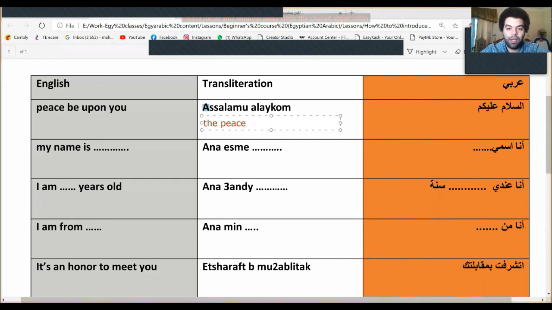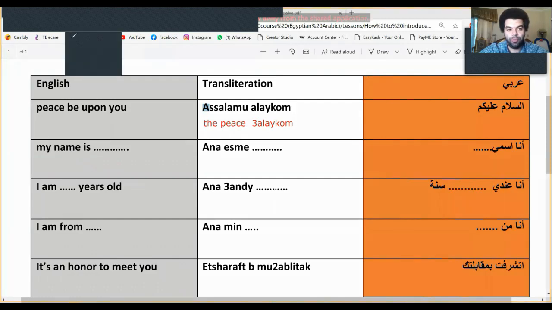And then ala means on. Alaykum, this kum at the end means you, plural. So I am basically saying the peace on you, speaking to 2 people or more. But we still use this greeting even if you're speaking to 1 person. So it doesn't really matter whether you're speaking to 1 person or a group of people.